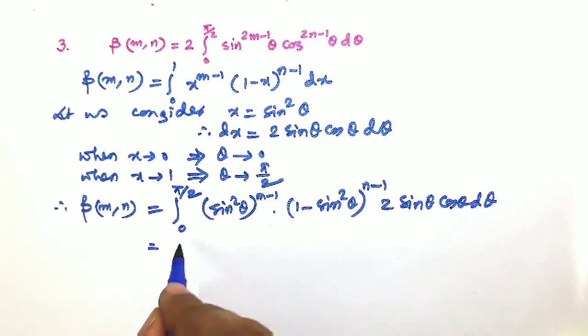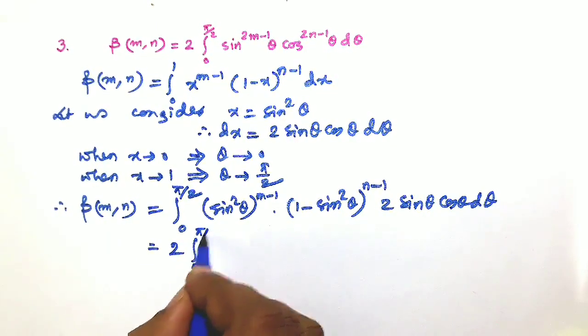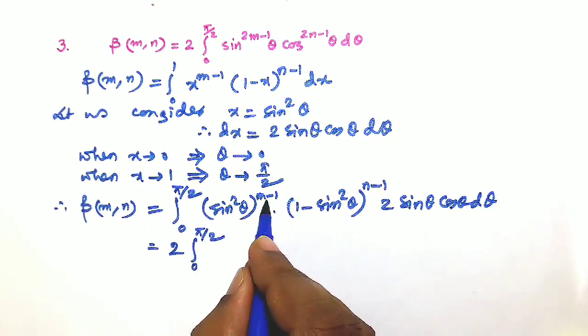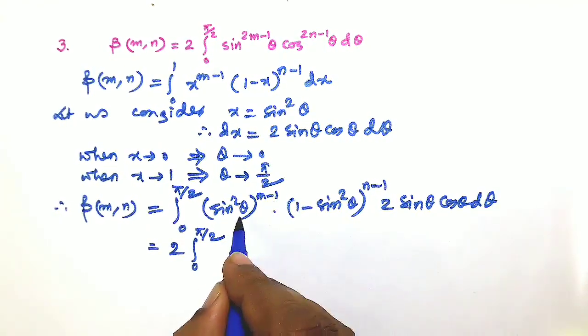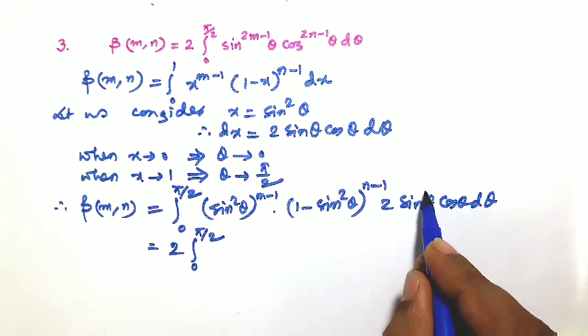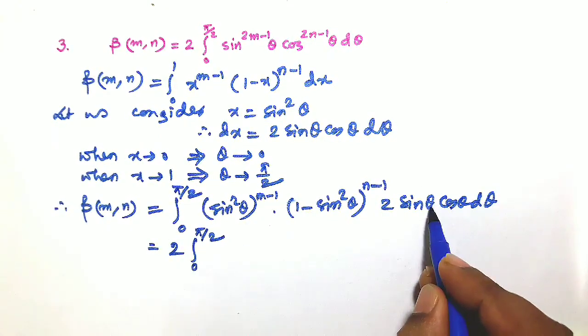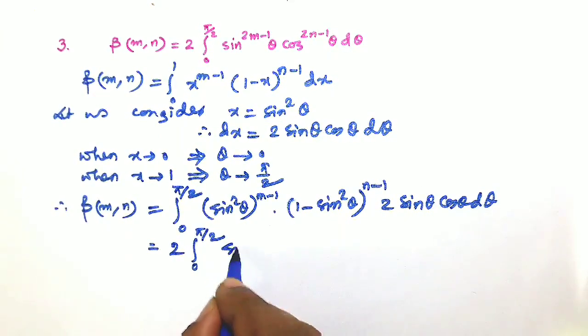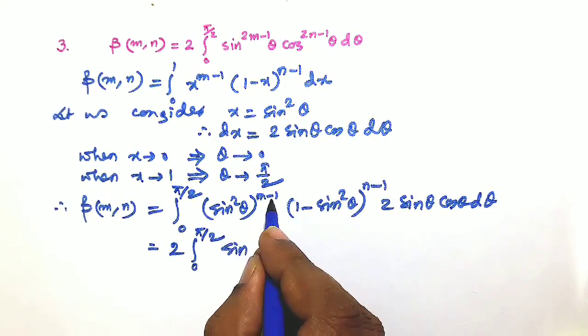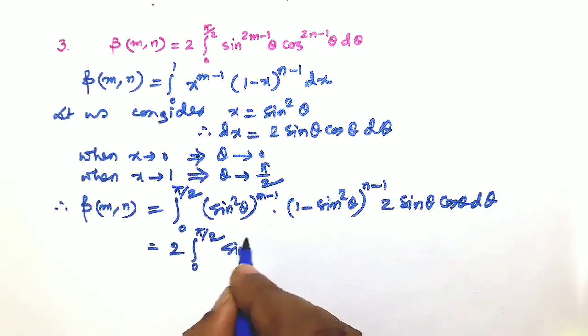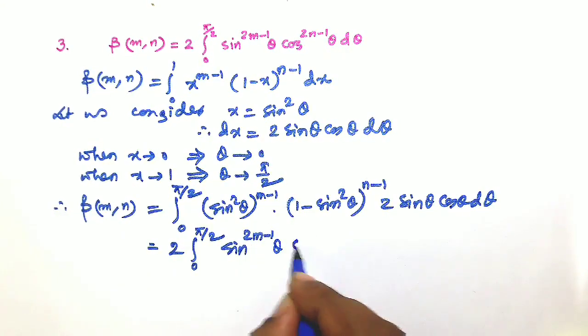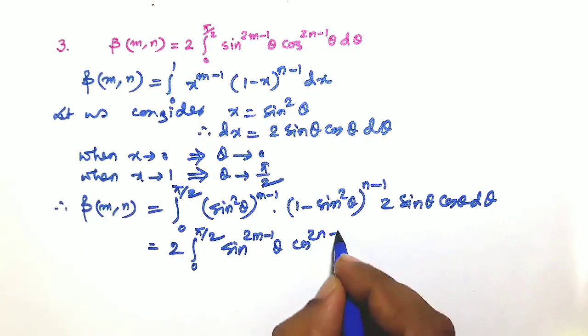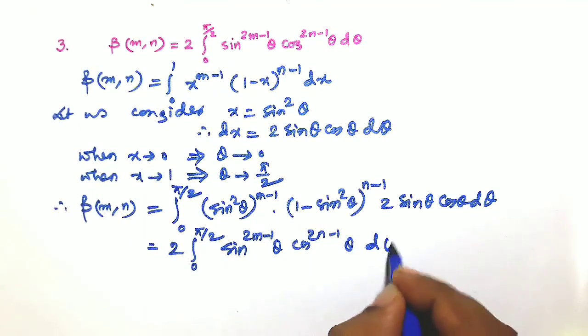So friends, we can now write twice integral 0 to pi upon 2 sine to the power 2m minus 2 theta, and here sine to the power 1 theta, only sine theta. So we can now write sine to the power 2m minus 2 plus 1. So this is sine power 2m minus 1 theta. Similarly, cos power 2n minus 1 theta d theta.